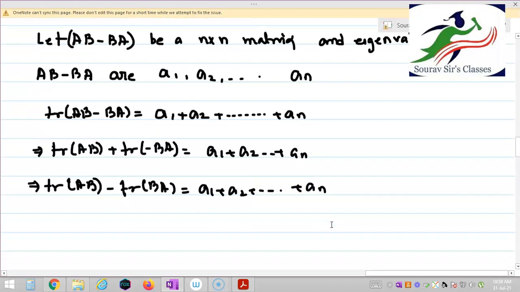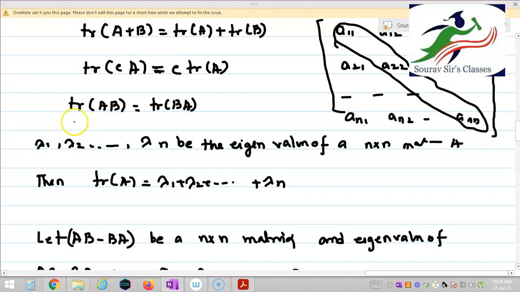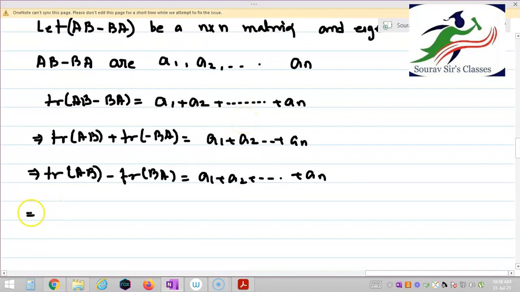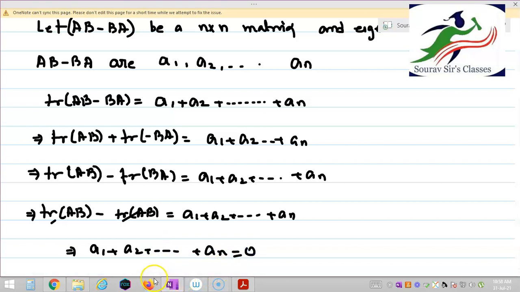Now for any two matrices A and B, trace of AB is equal to trace of BA. So trace of AB minus trace of AB is equal to A1 plus A2 up to AN. Cancelling this, A1 plus A2 up to AN is equal to 0. So the sum of the eigenvalues of this matrix is equal to 0.